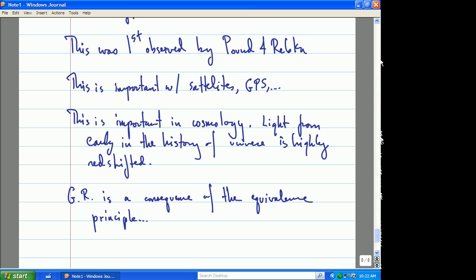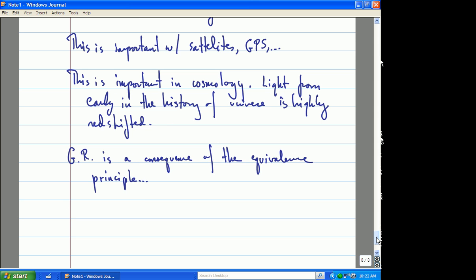And we can see quite explicitly, in fact, that the equivalence principle can be used to derive gravitational redshift, even without knowing anything about the particular geometry involved. So let's see why this is the case.